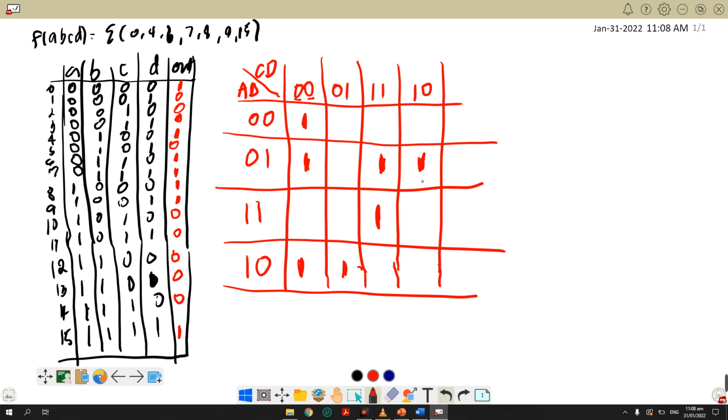And then we have 7, which is 0, 1, 1, 1. And then 1, 0, 0, 0 is 8. 9 is 1, 0, 0, 1. And 15 is 1, 1, 1, 1.